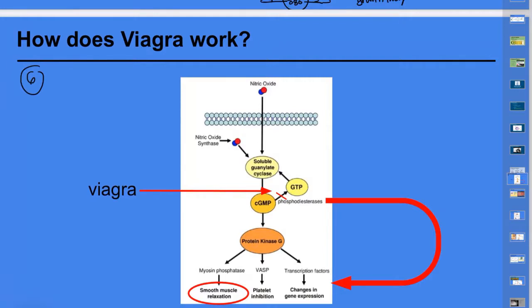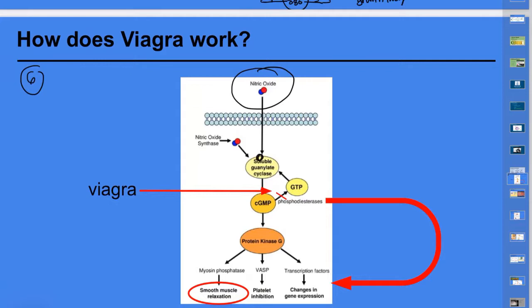Now let's talk about number 6. Number 6 is a question that, I have no idea why, often comes up on the AP exam. So we're going to talk about Viagra. One of the things that nitric oxide does is relax muscle cells.